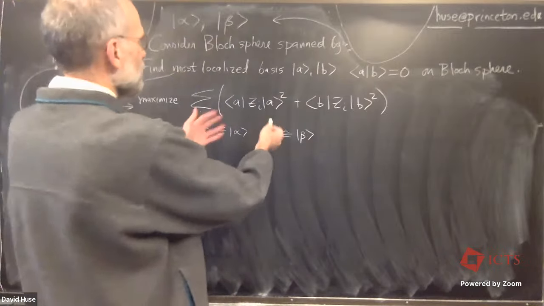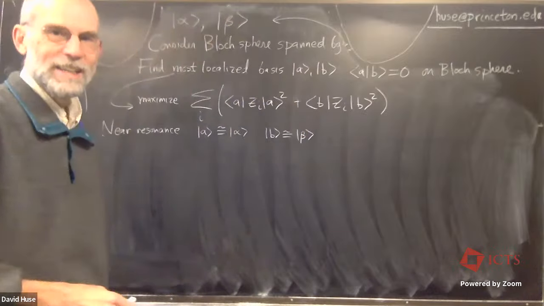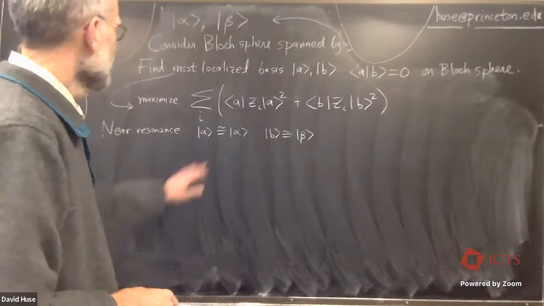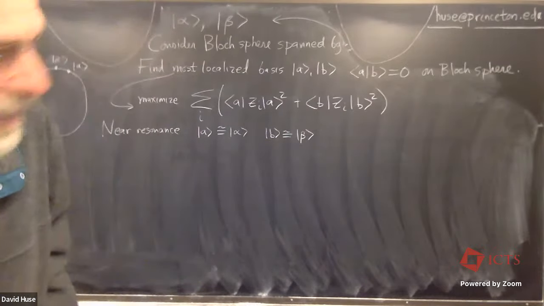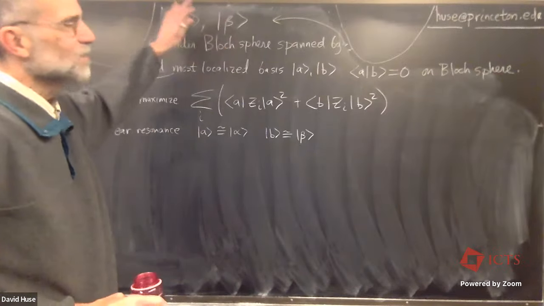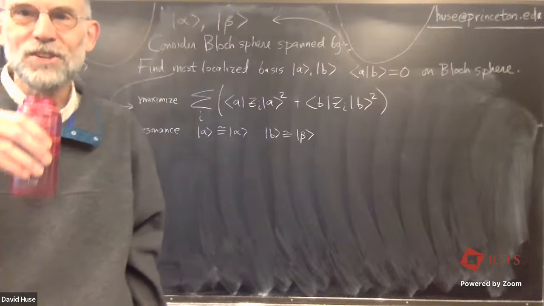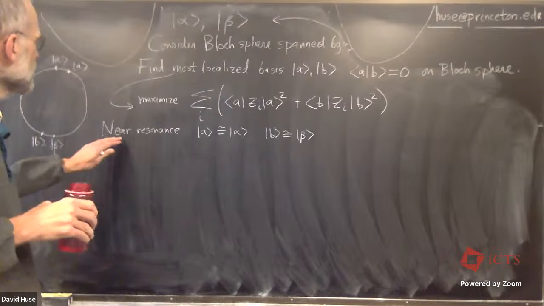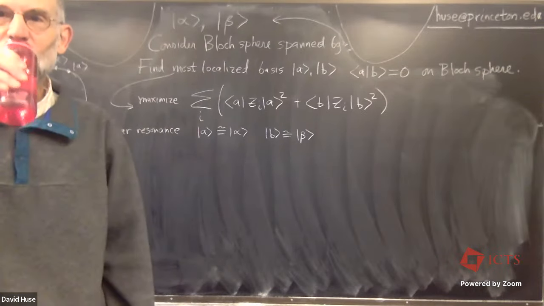You can't get a more localized basis state by mixing together these two eigenstates. So basically it means alpha and beta are not linear combinations of more localized eigenstates. They happen to be very close in energy, and that's what I mean by near resonance, but they're not really resonant.